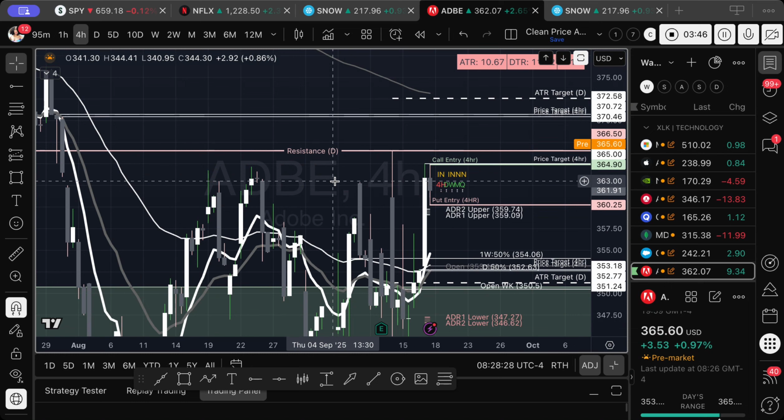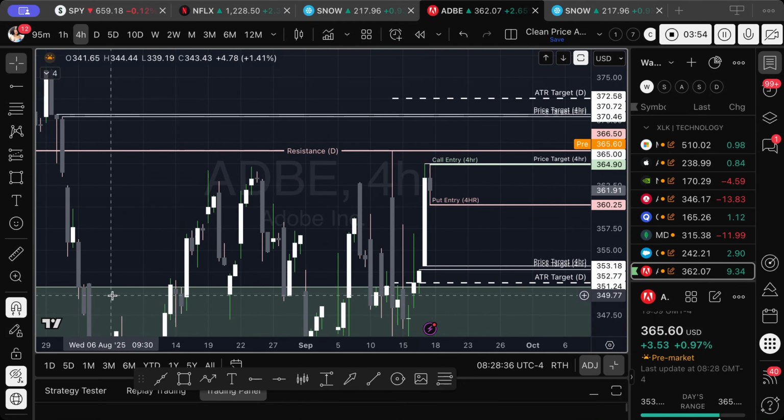I wouldn't exceed 355 to the downside. I wouldn't go any lower than 355 down. So in the money to 355 down, if we do decide to trigger to the downside with strength and momentum or market structure. And then to the upside, again, I'll say that again, I would not exceed 370. So in the money to 370 up or in the money to 355 down, depending on how we trigger.